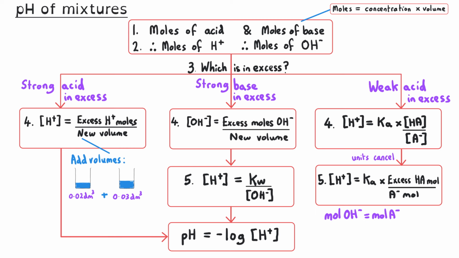And so it's this term that we substitute into our expression to find the hydrogen ion concentration. And you'd probably get a mark for this pathway for stating that the moles of A minus is equal to the moles of OH minus used. And then, having got this H plus concentration, our final step is to work out the pH by taking the negative log of this value.